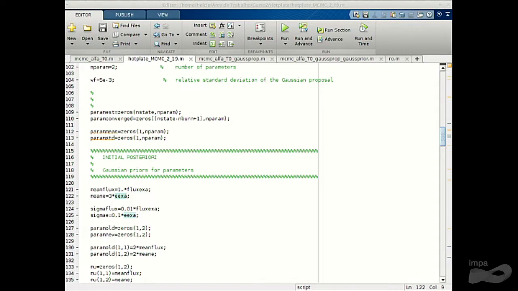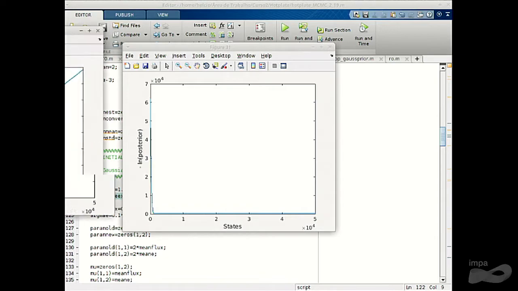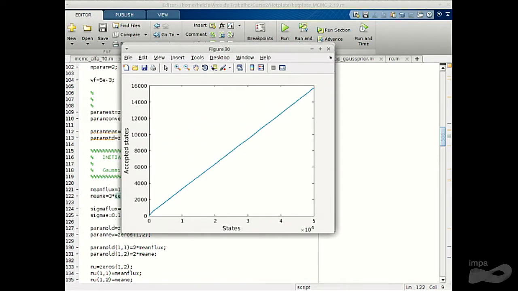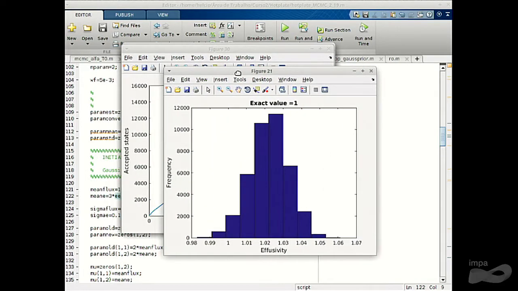Okay, so this is the posterior. These are the accepted states, 30%. And there we have our effusivity, okay? So although this is not exactly 1, this is very close to 1, with a small standard deviation.